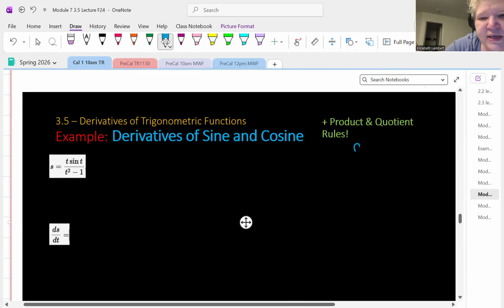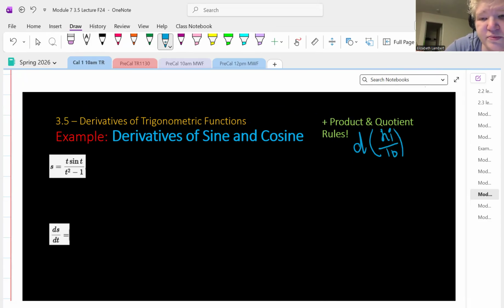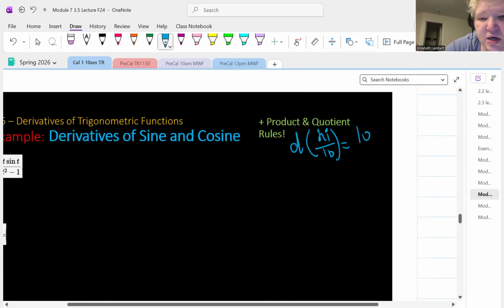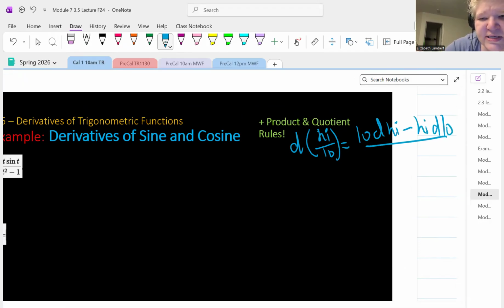So when I am doing the derivative of, like I wrote it before as high and low, and then I said it was low d high minus high d low, square the denominator, or some people will say it's over low squared, and away we go.